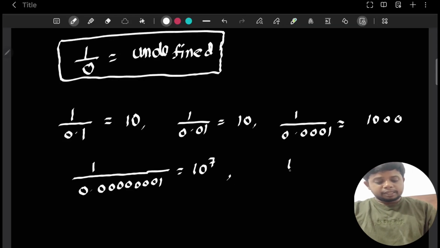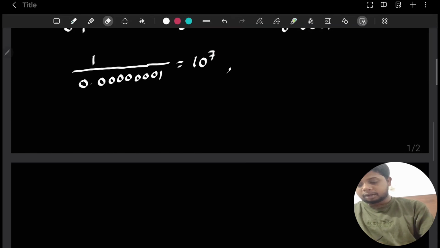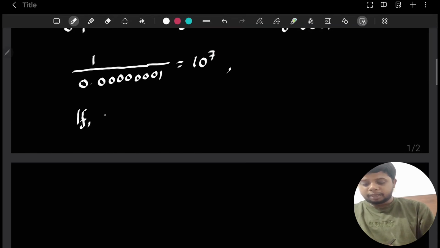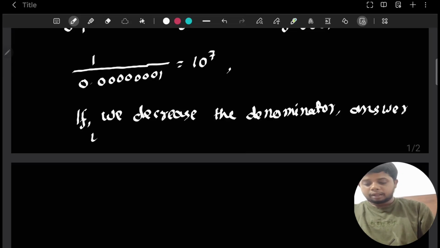So that means if we decrease the denominator, the answer will become larger.